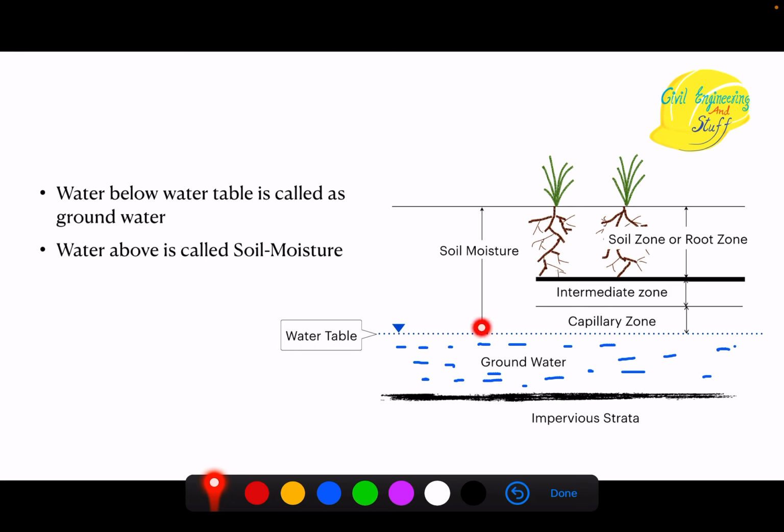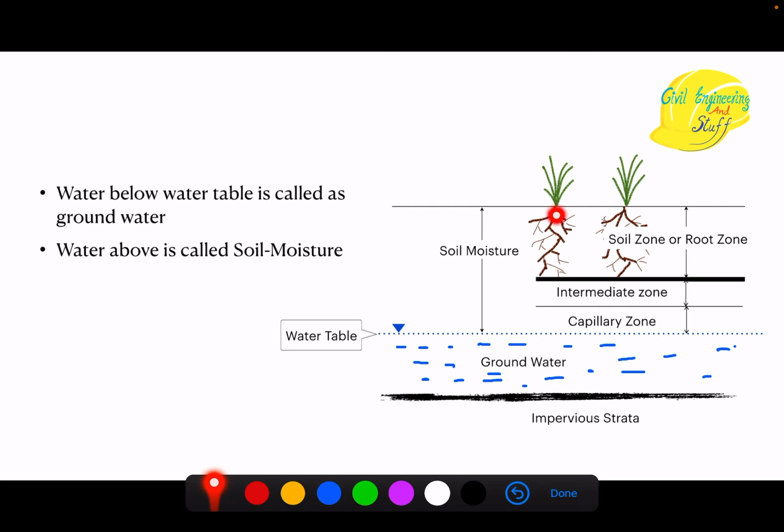Above groundwater, there will be a certain amount of moisture available in the soil, and this moisture will be used by the plants or by the crops for their growth. Now, to extract the soil moisture that is available in the soil, the plants will use their roots.